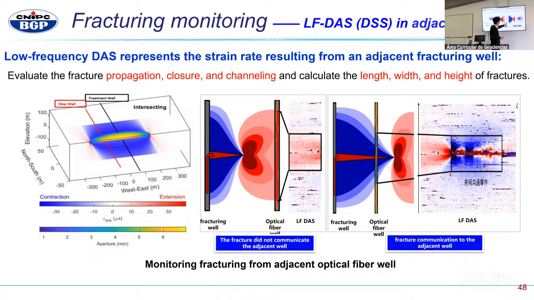Once this string reaches the fiber well, we have a tensile in the center and contract on both sides. After that, the fiber will close, and then the change is the contrary: in the middle will be the contact string, and on the other side will be the tensile string. So this is the principle of why the fiber uses low frequency monitoring.